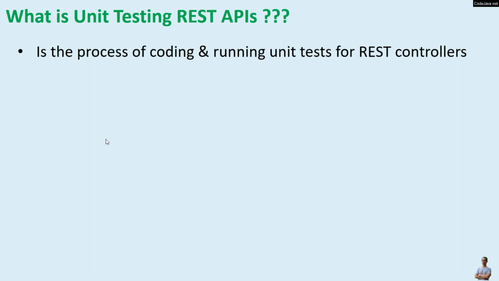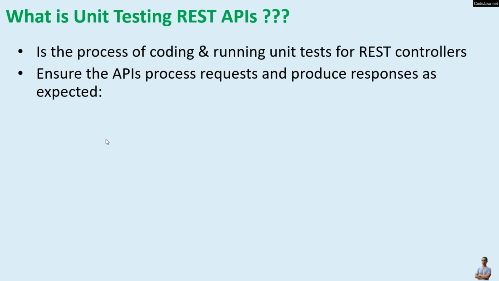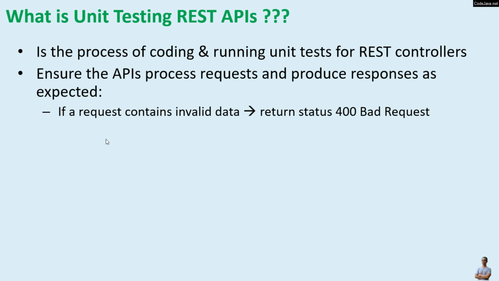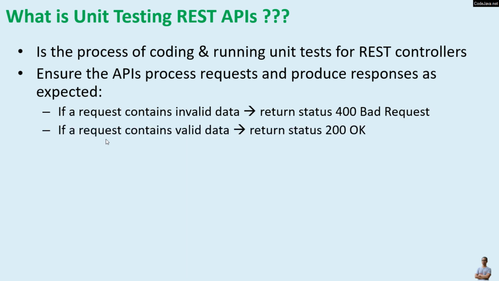Firstly, let's understand what unit testing for REST APIs is. Unit testing for REST APIs is the process of coding and running unit tests for REST controllers to ensure that the APIs process requests and produce responses as expected. Here are some examples. If a request contains invalid data, we expect the API should return status 400 bad request.